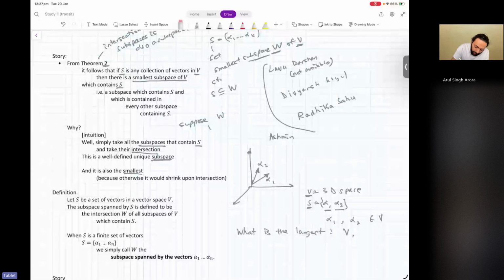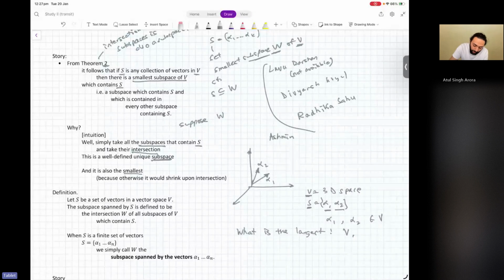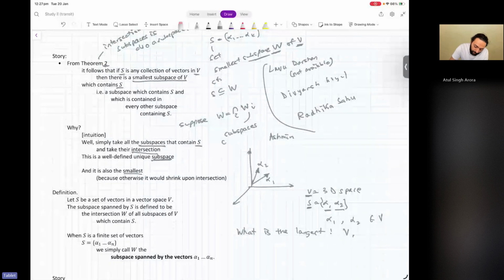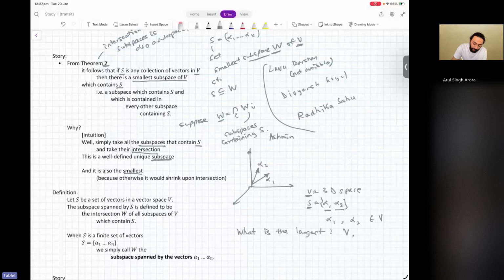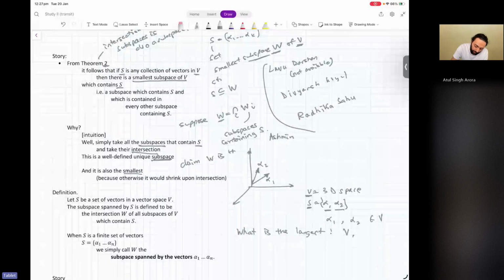W is the intersection over all Wi's, where these are the subspaces containing S. Suppose this is how we define W, then I'm claiming that W is the smallest subspace.